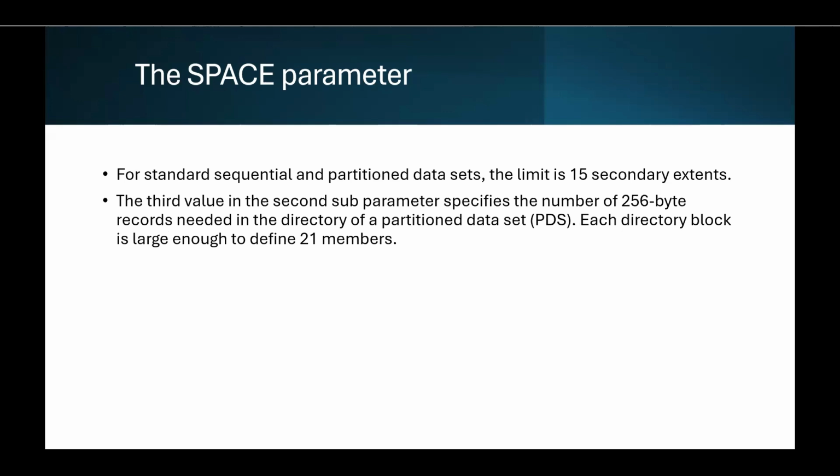Each directory block is large enough to define 21 members. So if you are creating a PDS, then you need to provide the directory block value along with the primary quantity and secondary quantity.